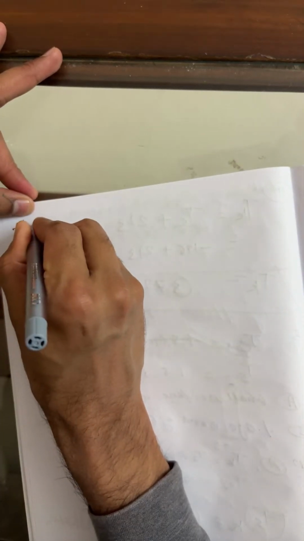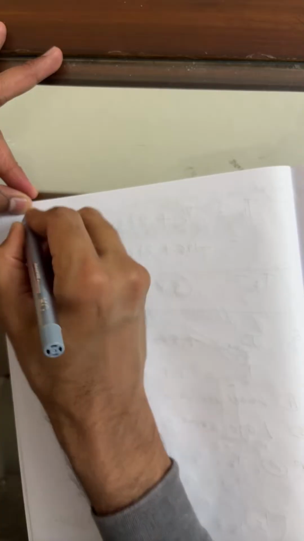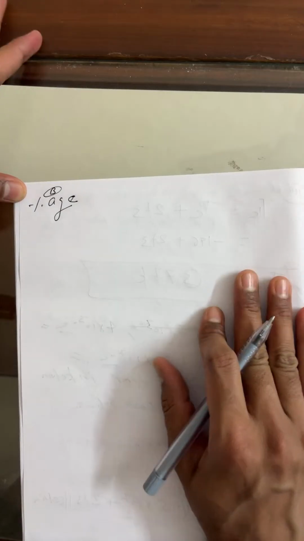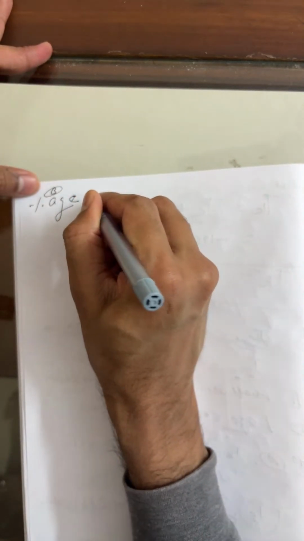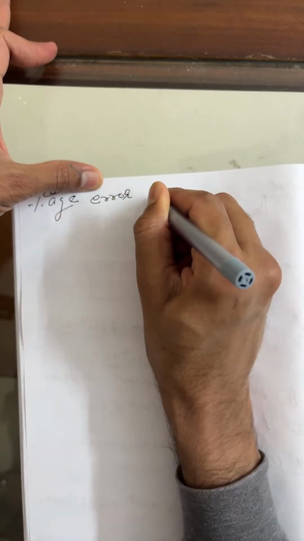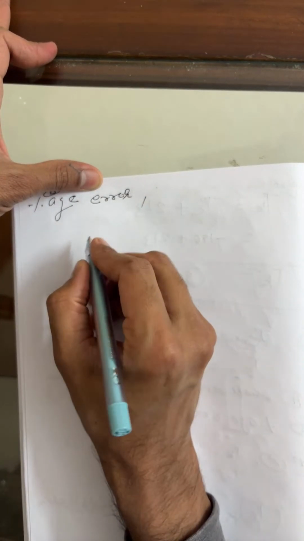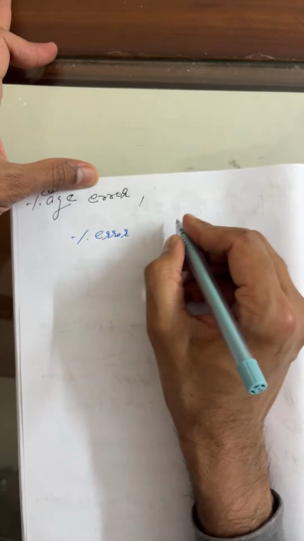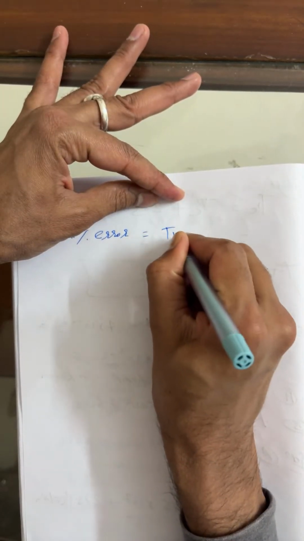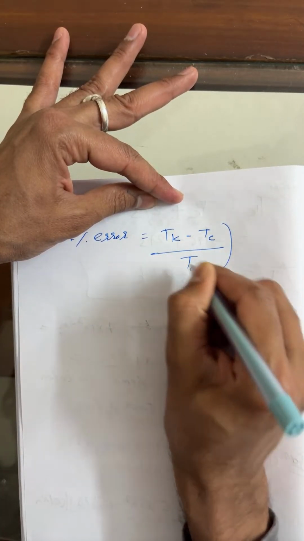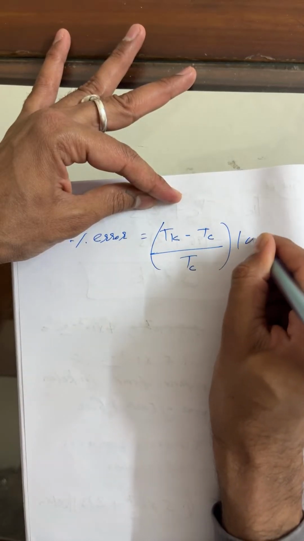Let us suppose initially you are targeting part number B. Percentage error can be written as temperature in Kelvin minus temperature in degree Celsius upon temperature in degree Celsius, multiplied by 100.